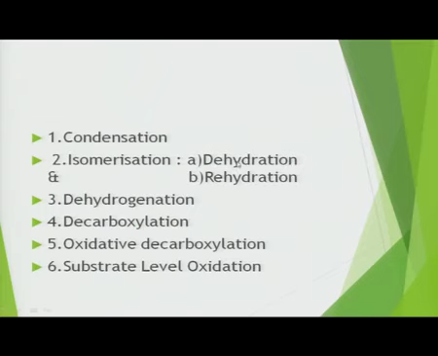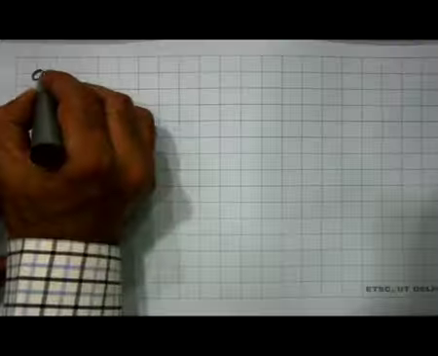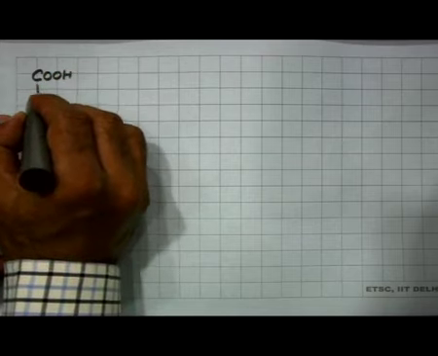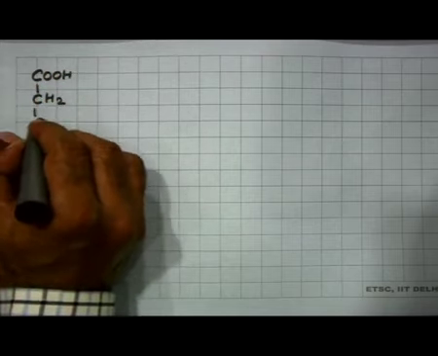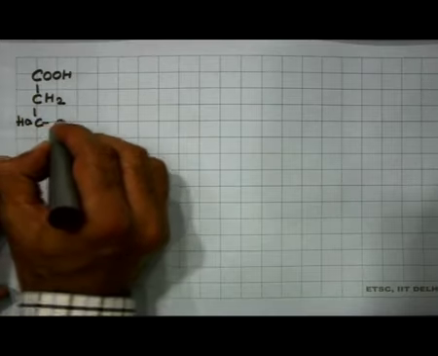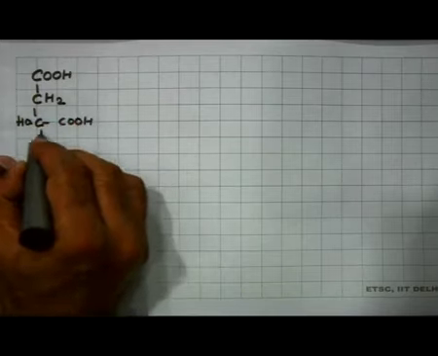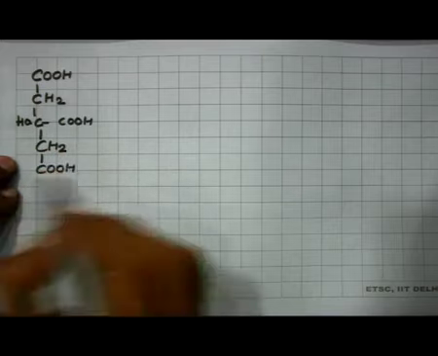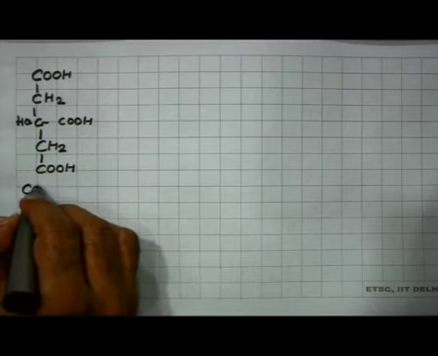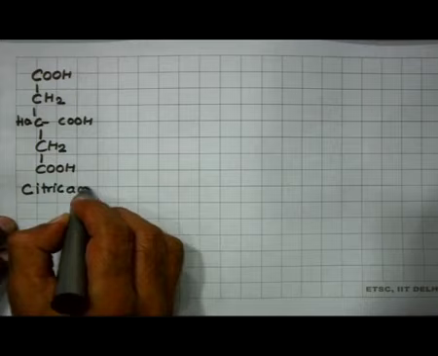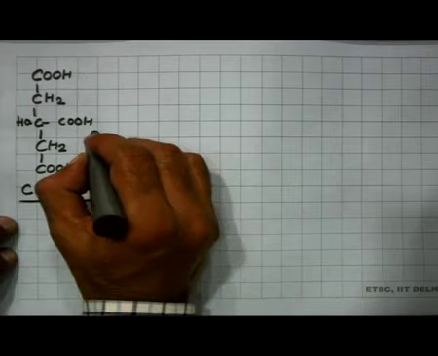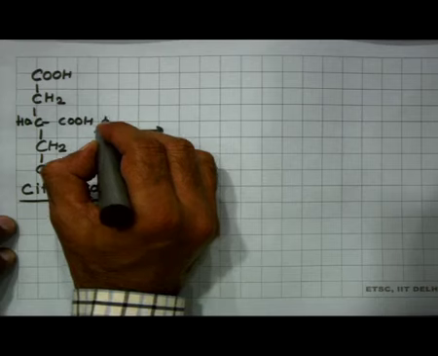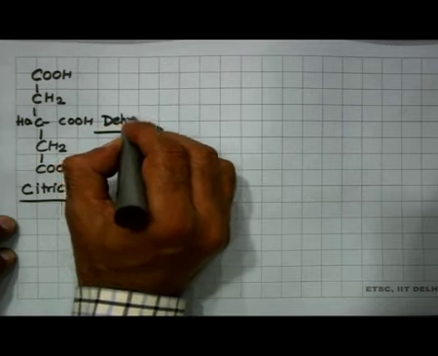In the dehydration process, the citric acid, which is the condensation product, has this structure: COOH, CH2, and COOH. Now, from the citric acid, a water molecule is removed. So, this process is called dehydration.